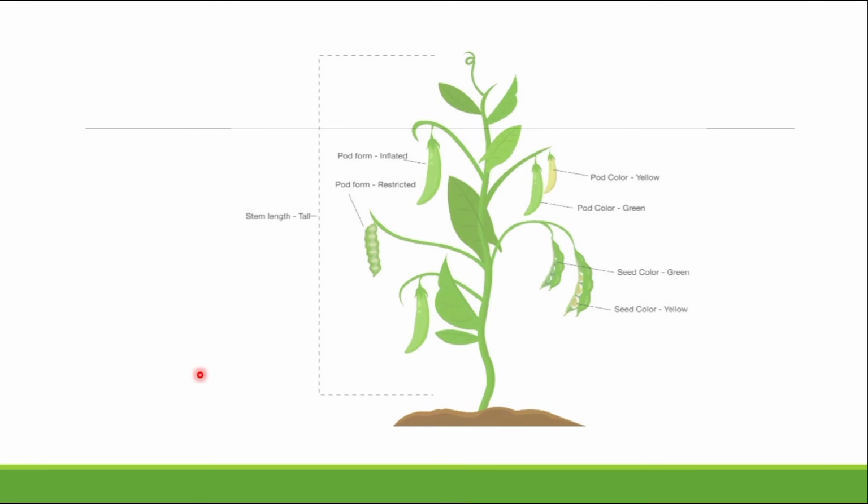The next one: in the F1 generation, the plants obtained, the pod form may be inflated or constricted. The pod color may be yellow or green, and the seed color may be green or yellow. That is what is obtained in the F1 generation.